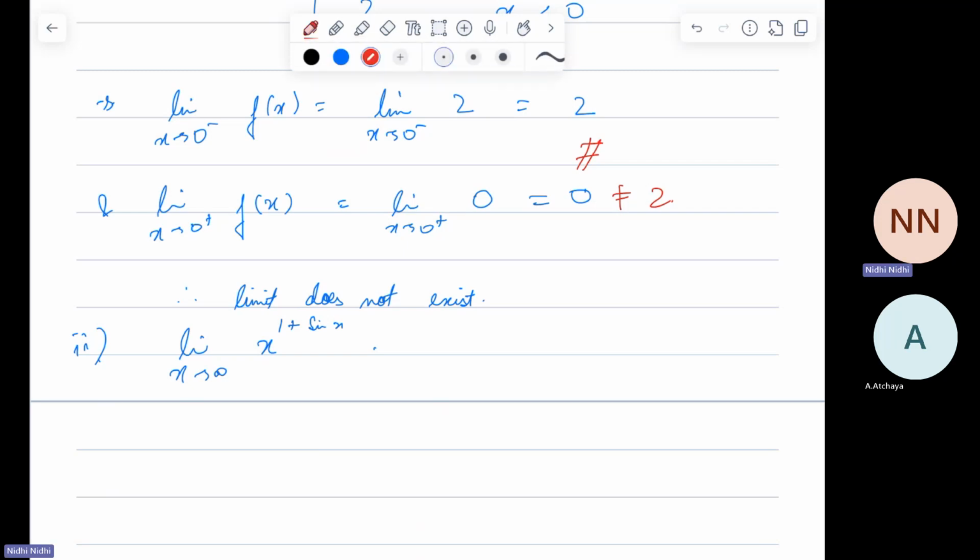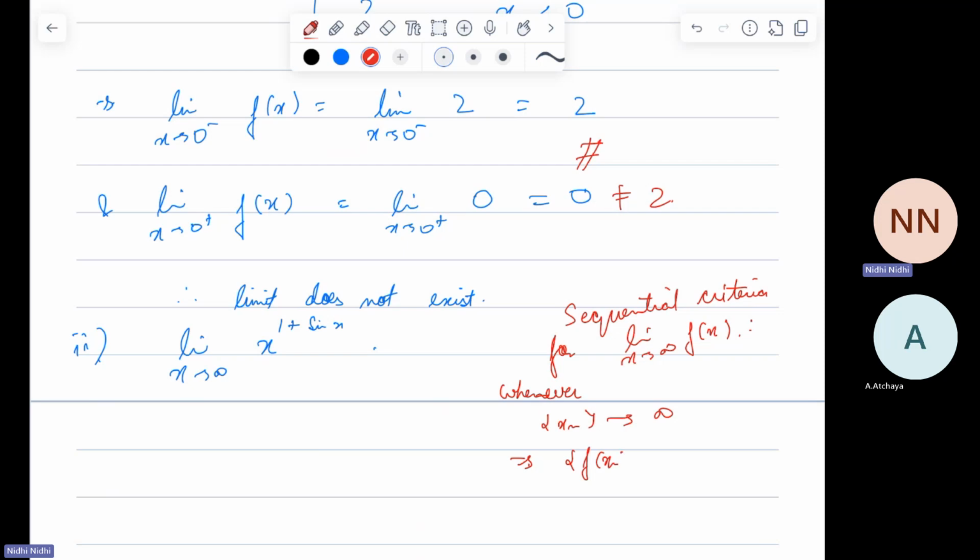So the sequential criteria for limit x tending to infinity f(x) will be: whenever xn is diverging to infinity, then f(xn) is converging to some fixed L.